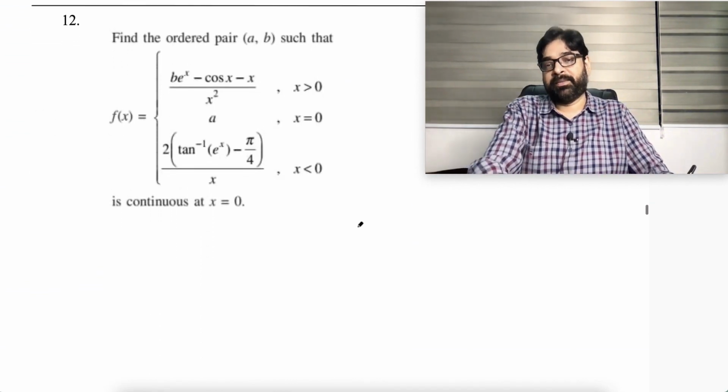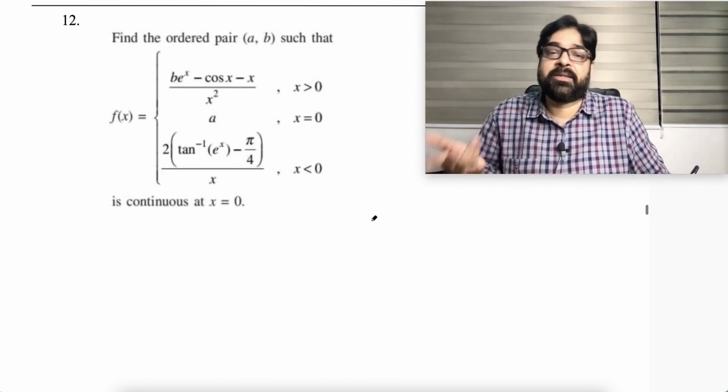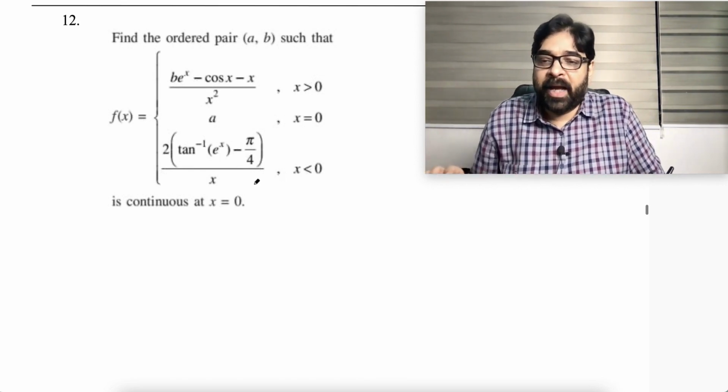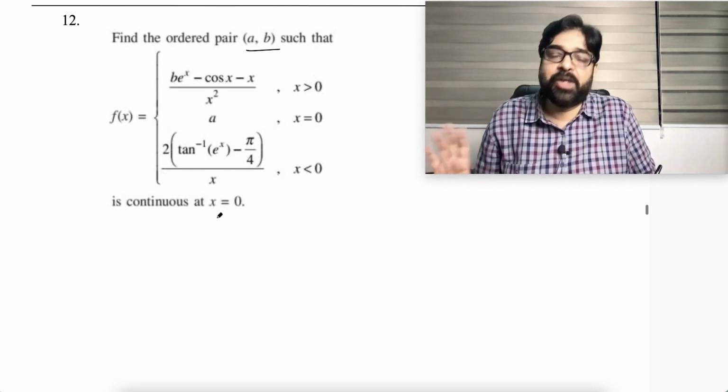Slightly complicated. No, continuity is not complicated. Limit is complicated. Right? We have to find the ordered pair (a, b) such that it's continuous at x equal to 0.